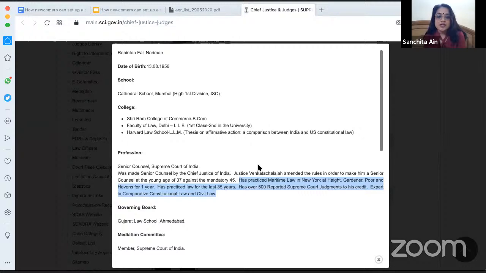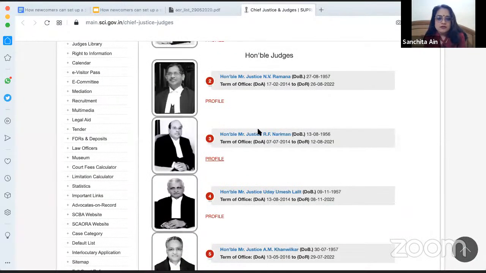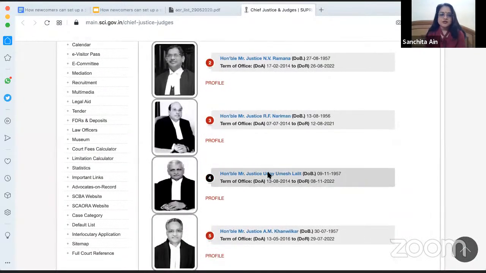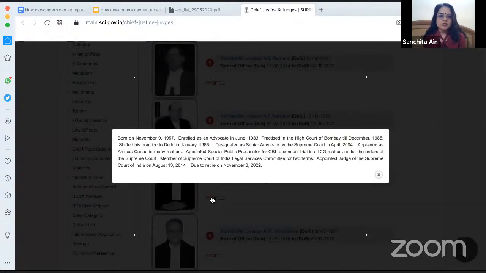Let's look at Justice Lalit. Next, Justice UU Lalit. It's interesting when you look at his profile. He was enrolled in 83 and practiced in Bombay High Court till 85. Somewhere in the 90s, he became an AOR, and he shifted his practice to Delhi in 86, right?